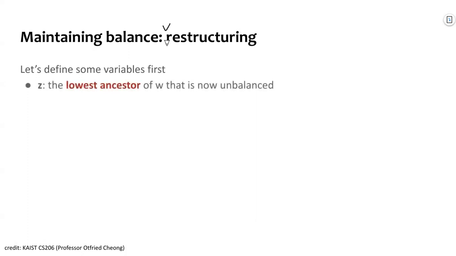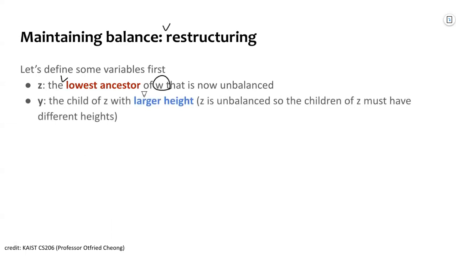And how do we maintain the balance? We're going to do something called restructuring. Let's define some variables first before we talk about restructuring. Let's say Z is the lowest ancestor of W that is now unbalanced. And let's say Y is the child of Z with larger height.